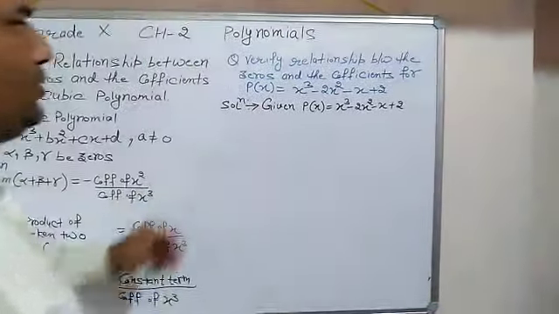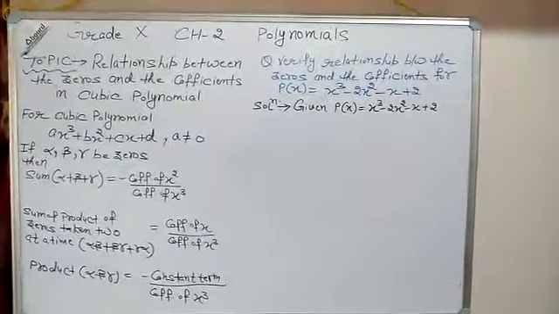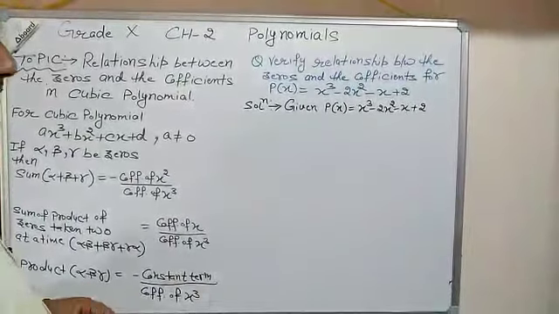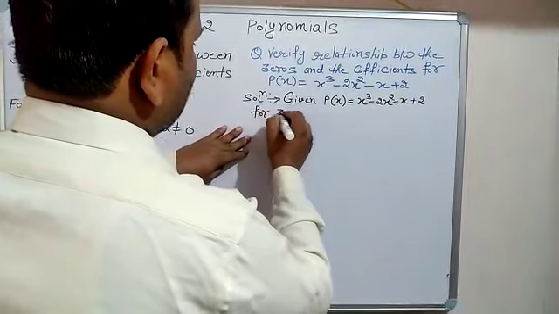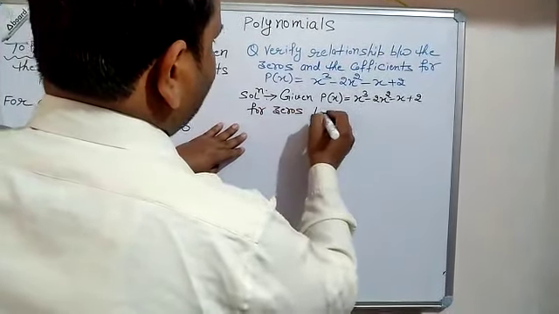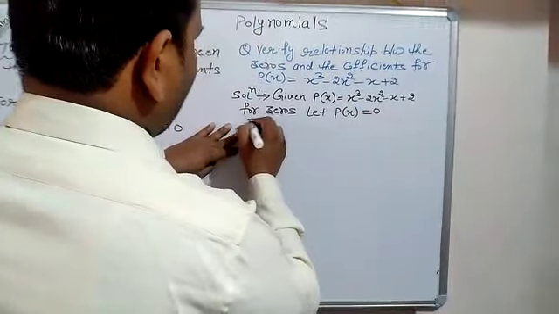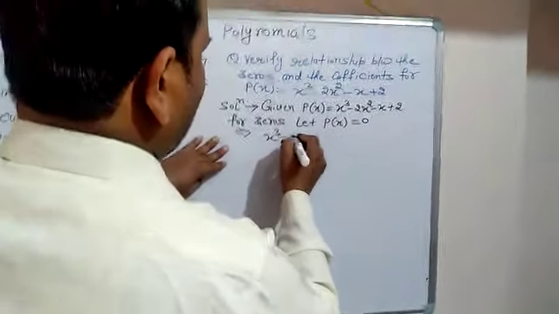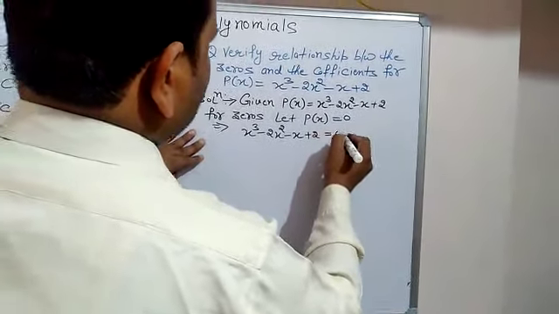Students, in order to verify the relation, it is important to find out the zeros of your given polynomial. For zeros, let the given polynomial be equal to zero. It implies x cube minus 2x square minus x plus 2 is equal to 0.